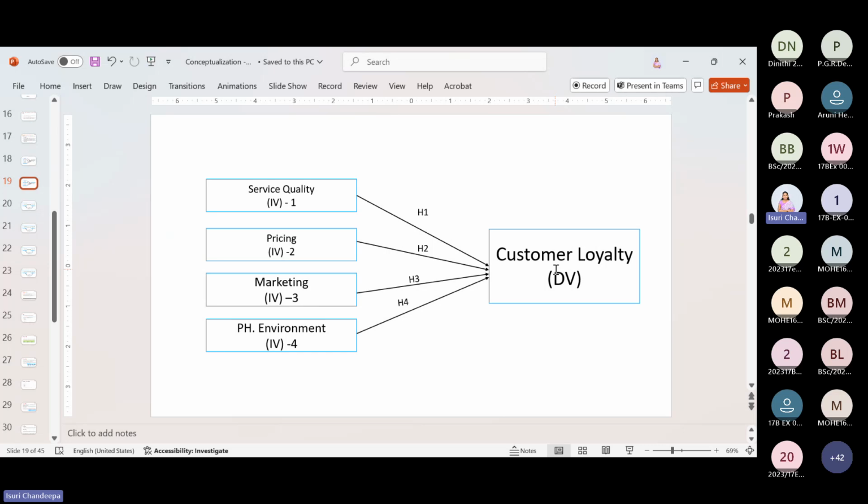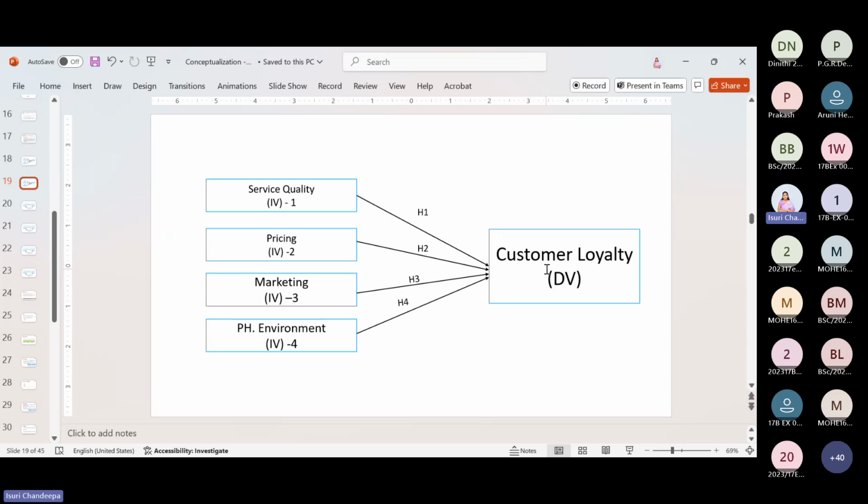It may be another way. Or else you can include it as determinants for the customer loyalty in the manufacturing or banking industry in Sri Lanka. That is a second way. Third way, factors affecting the customer loyalty in the manufacturing or the banking industry. So that is the third method.